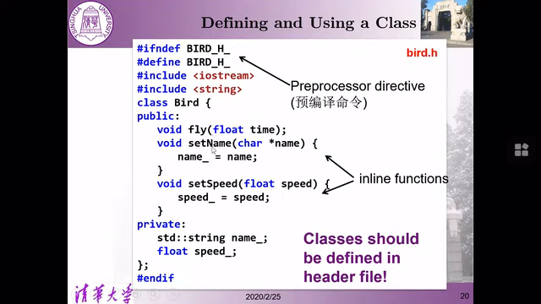We just learned that if we define the function body within the class definition, then it is default to be inline. Right? There are inline functions. Okay? No function call overhead. That means faster. Okay? But they have to be simple enough. Right? Otherwise, the compiler cannot do that. Okay?